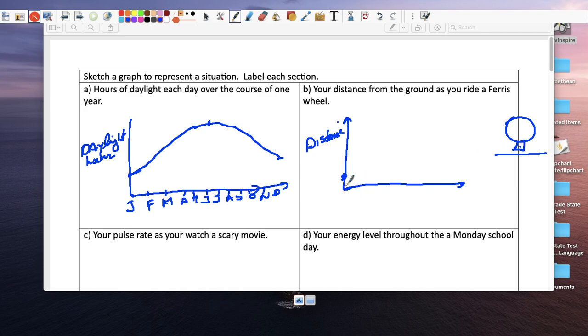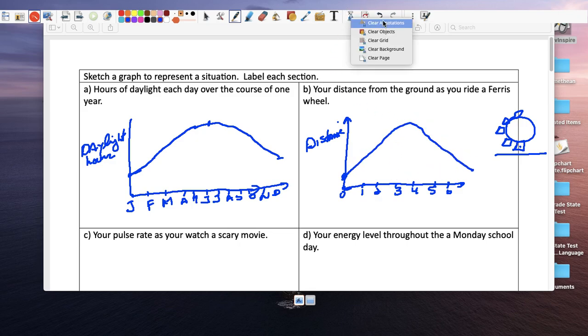So at position 0, right? Let's call this position 1, position 2, position 3, position 4, 5, 6. And as it spins, you go from here to here, to here, to here. And when you're over here, you're at the peak. So again, something like that. Okay.